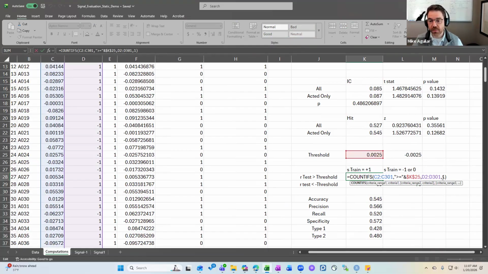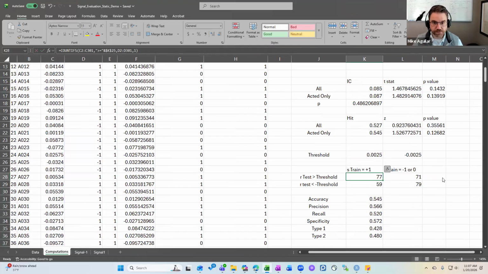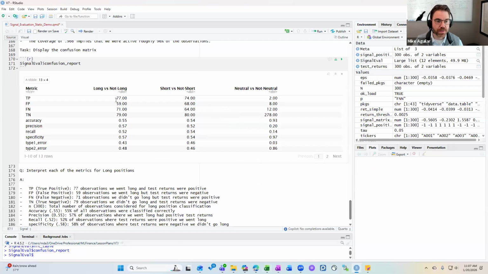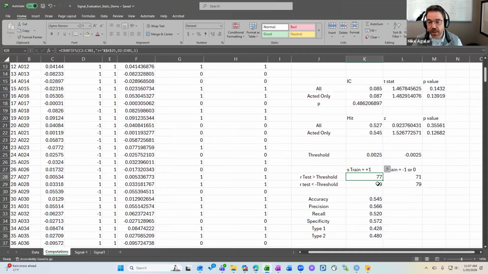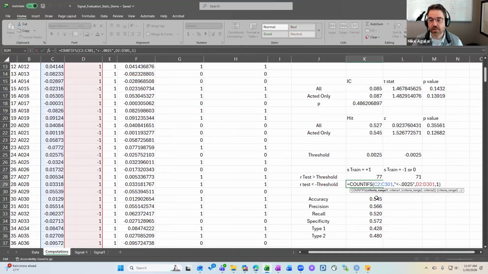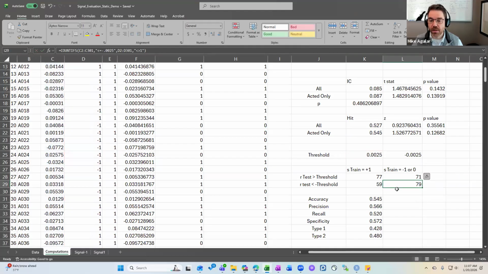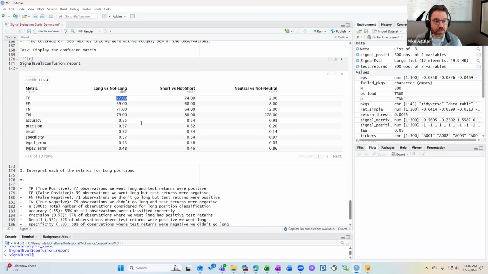That's what the last one means. 77 of those. And then you can do counts for all of the other pieces. Okay, so I got the entire confusion matrix set up.